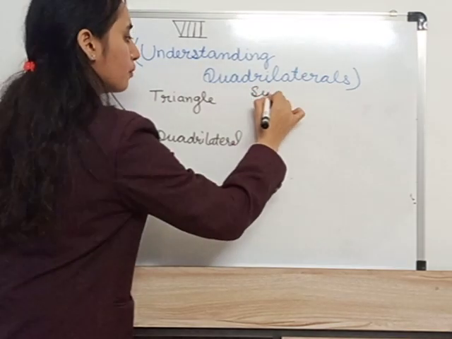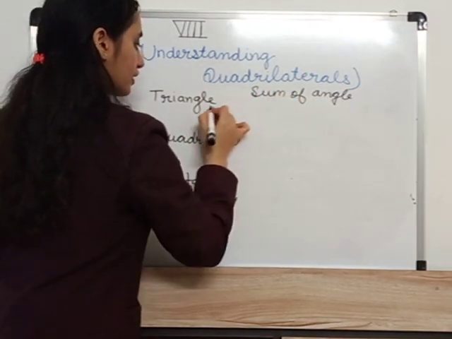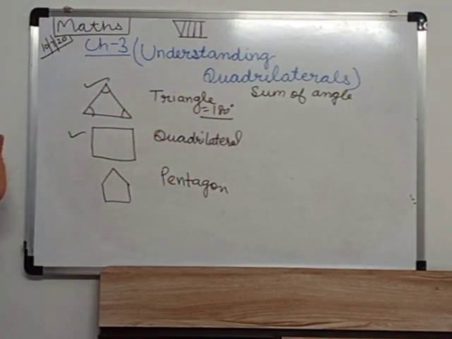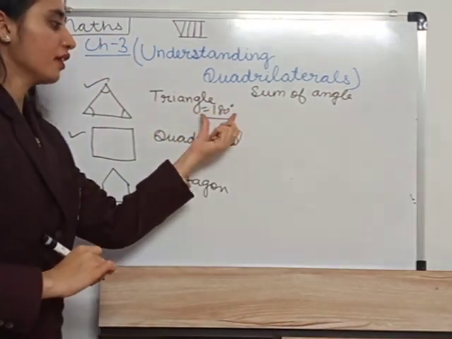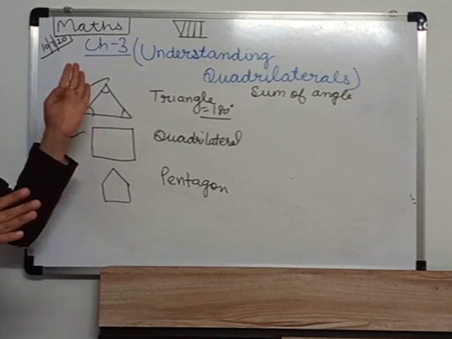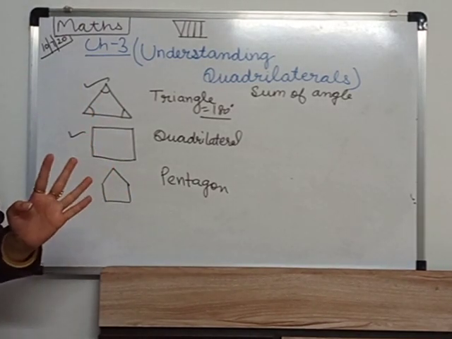But how can we find this for other polygons? By using a general expression, we can find the sum of interior angles of any polygon.